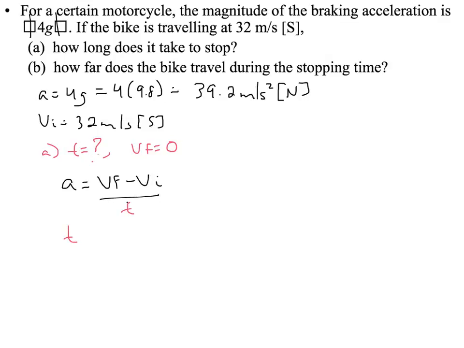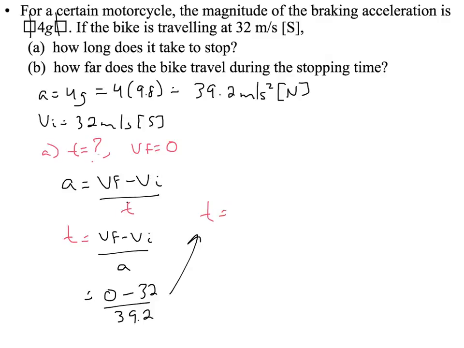We know that T is going to equal VF minus VI over A. You plug the numbers in. VF was 0. 0 minus 32 over our acceleration of 39.2. And we end up getting T is equal to 0.82 seconds. One slight addition: that is a negative acceleration since it's moving in opposition to motion, and that will give us a positive time value.